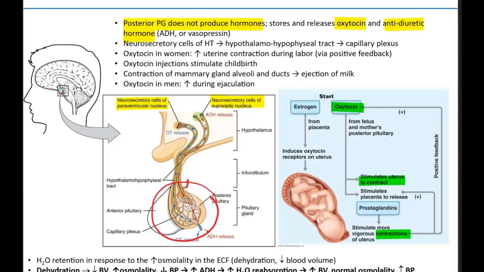So contractions stimulate oxytocin release, which stimulates the uterus to contract, and it goes on and on and on. Positive feedback, right? So baby is released. Now, oxytocin has another function regulating the ejection of milk, which we aren't covering here.